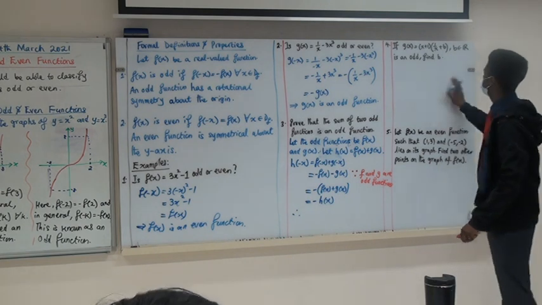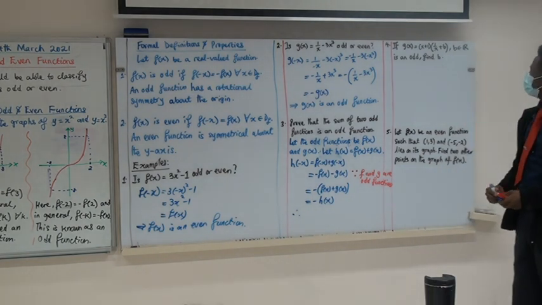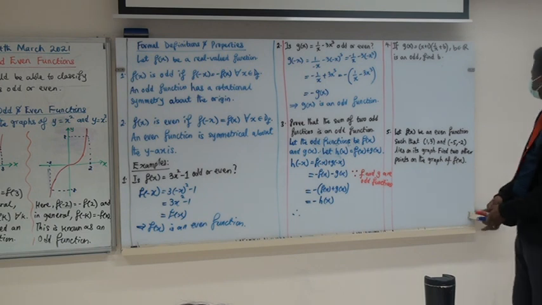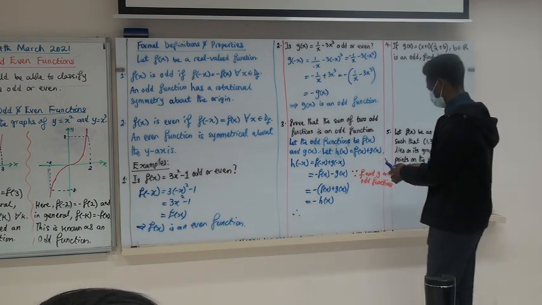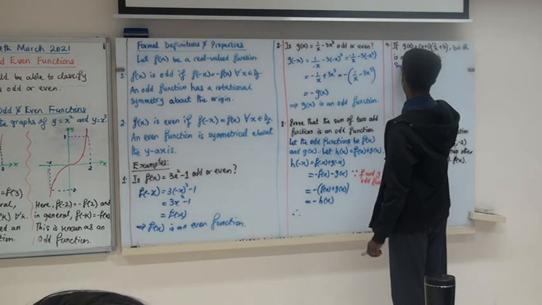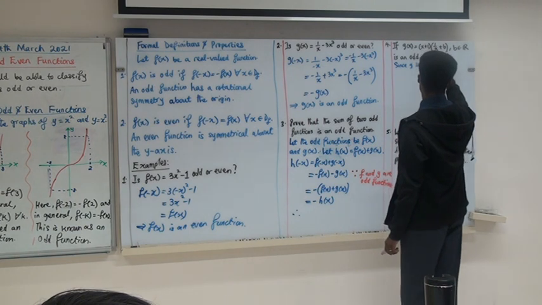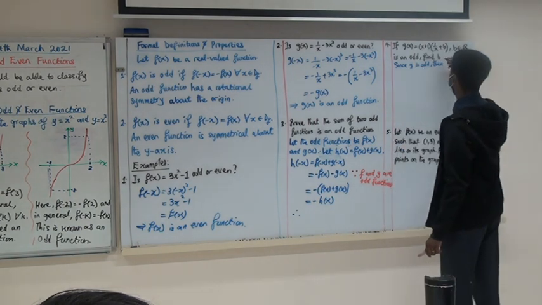This says g is defined as follows. Find b. If g is odd, clearly, since g is odd, then what happens? Talk to me, anyone.